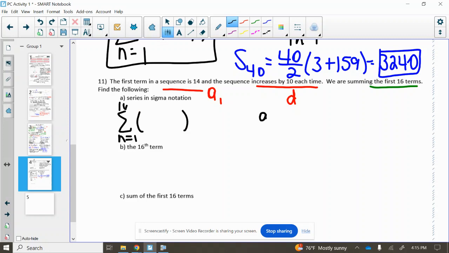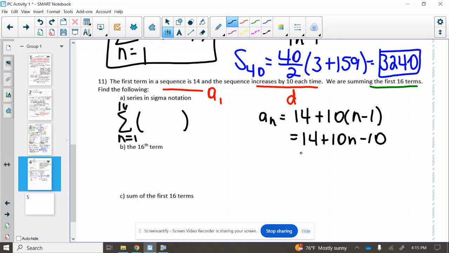So again, we sidestep to figure out the rule using the explicit formula. First term is 14, increasing by 10 each time. So we have 14 plus 10 times n minus 10 after we distribute. Combining 14 minus 10, 10n plus 4 is our rule.